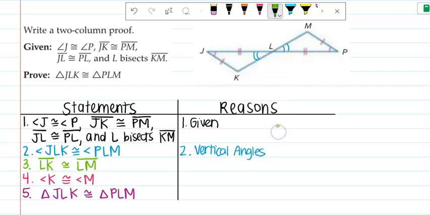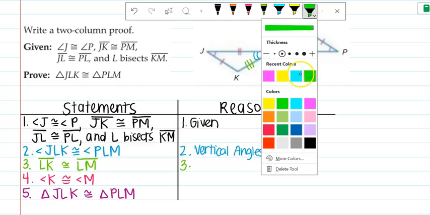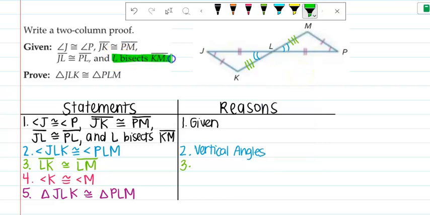All right, next one we have LK is congruent to LM. Okay, so unfortunately, this is the third side, and we don't have a third side theorem or a third segment theorem, so that's not going to work. But from our given, we know that L is bisecting KM. Okay, if L is bisecting KM, that means it's cutting it exactly in half, right?